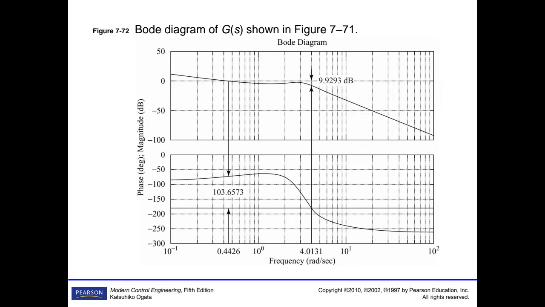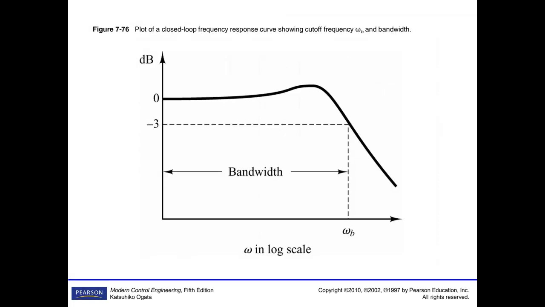Yes, you probably learned this in another course. You already learned that one. If your gain reduces below -3, then the area inside that one is called bandwidth. Bandwidth. That's enough.